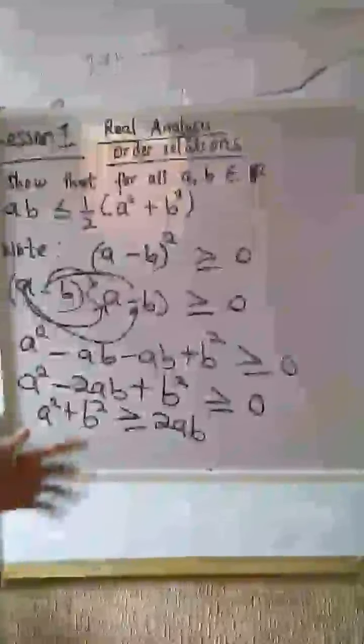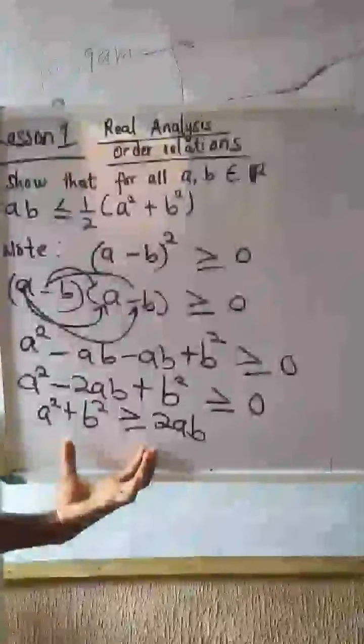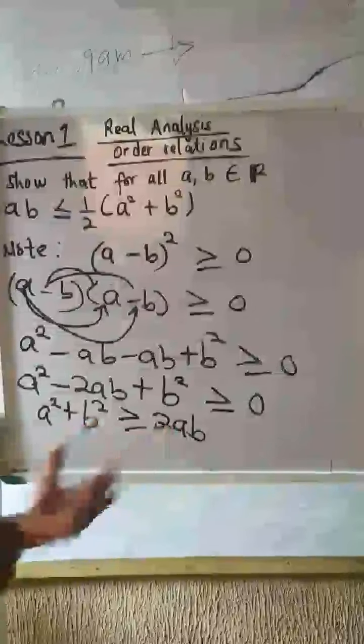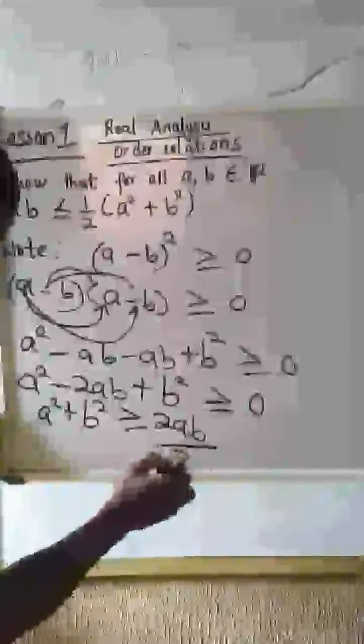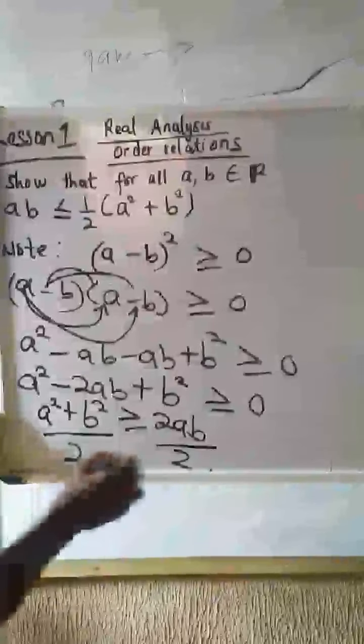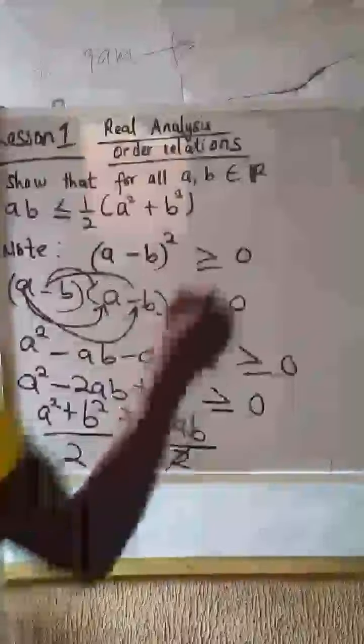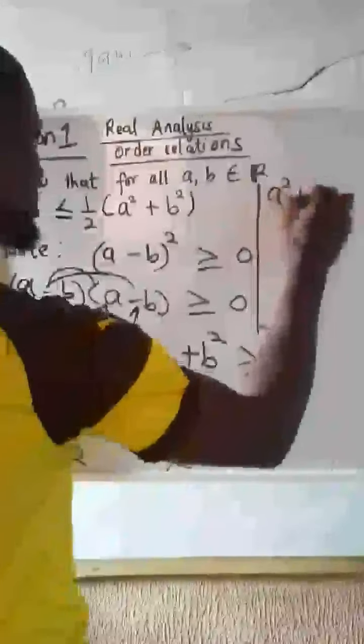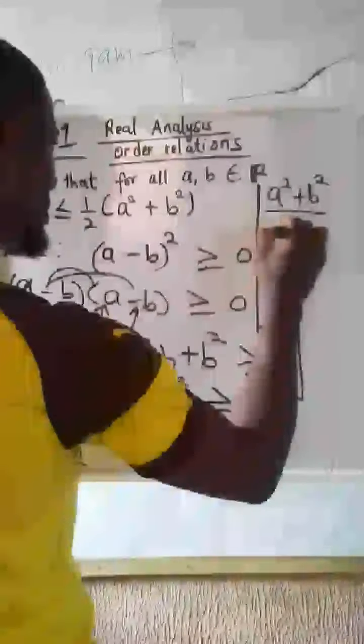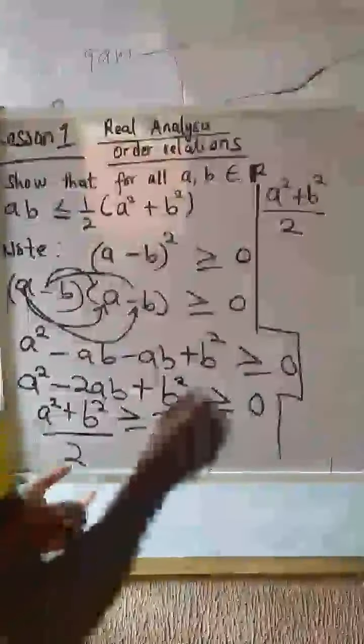From here, we proceed to the next step, which is to divide by 2. When we divide by 2, the 2 cancels here. We have a squared plus b squared divided by 2 is greater than or equal to ab.